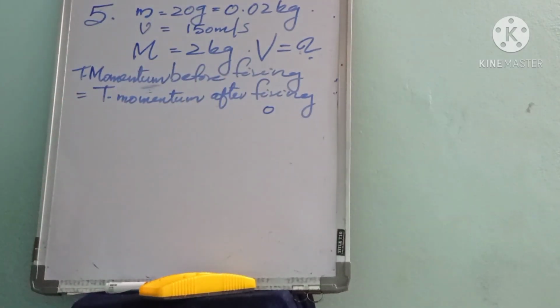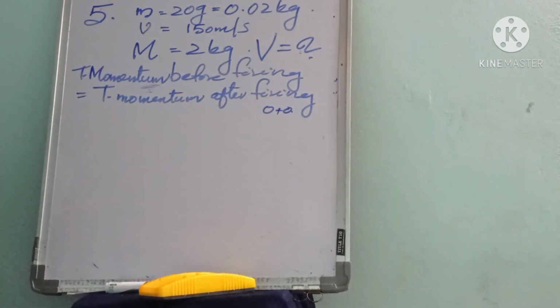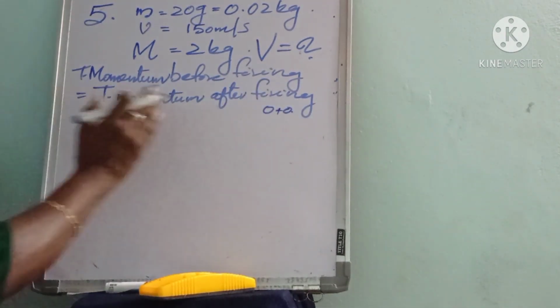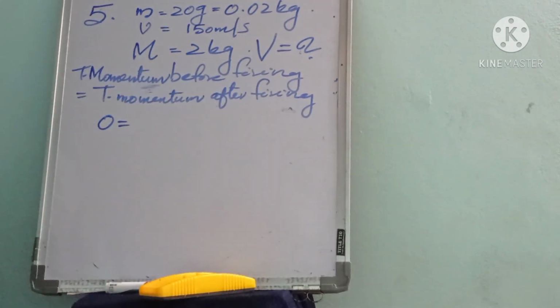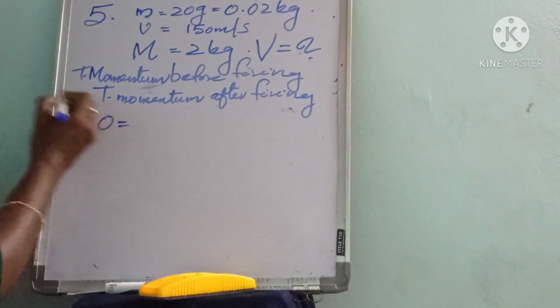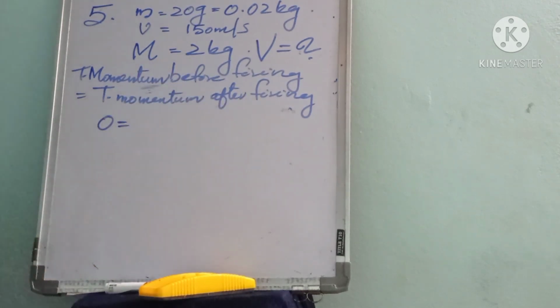The pistol is also at rest before firing, so its momentum is also 0. So total momentum before firing is 0, and that is equal to total momentum after firing.